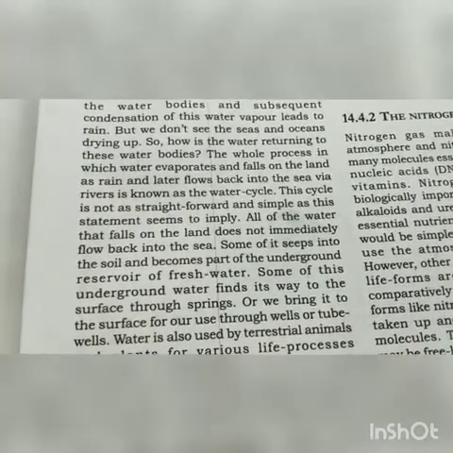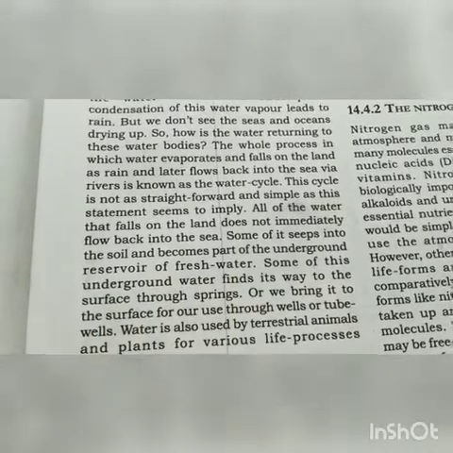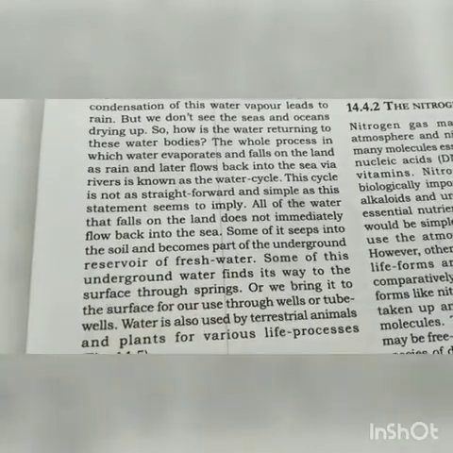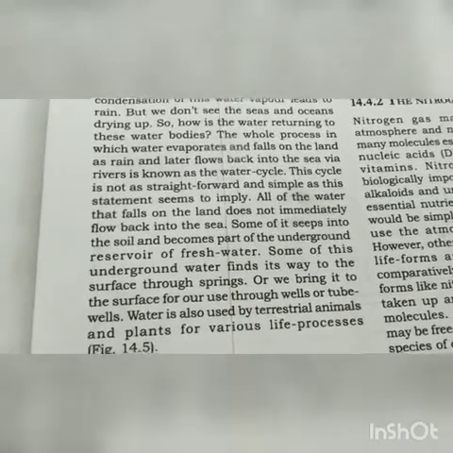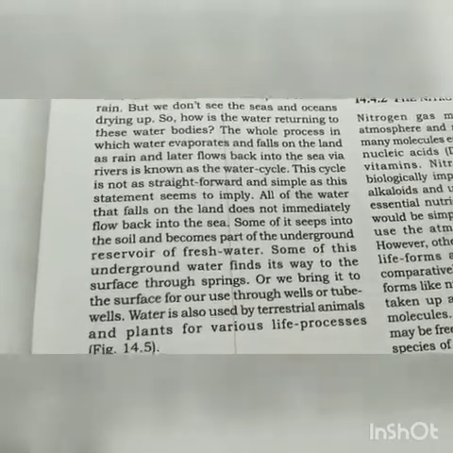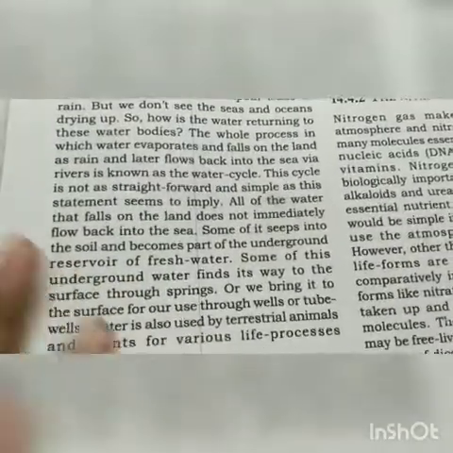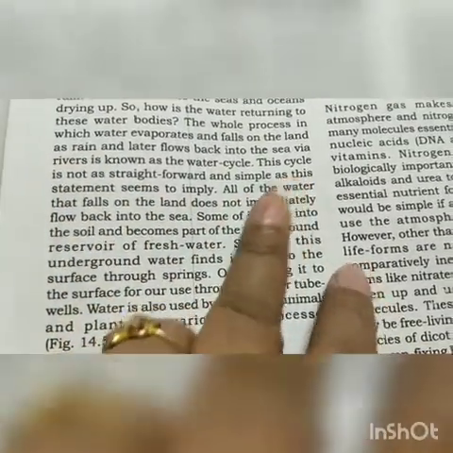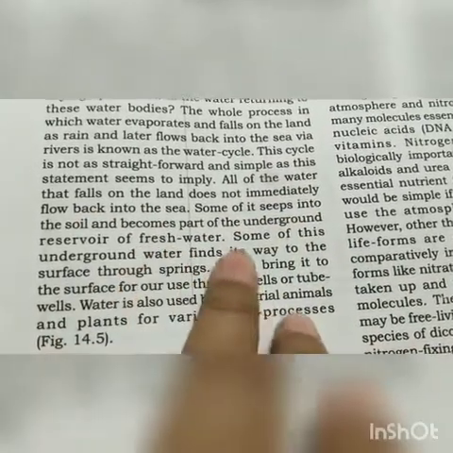Some amount of water will flow back to the water bodies, but some amount of water will seep into the soil and go down, and that forms underground water which is fit for drinking.